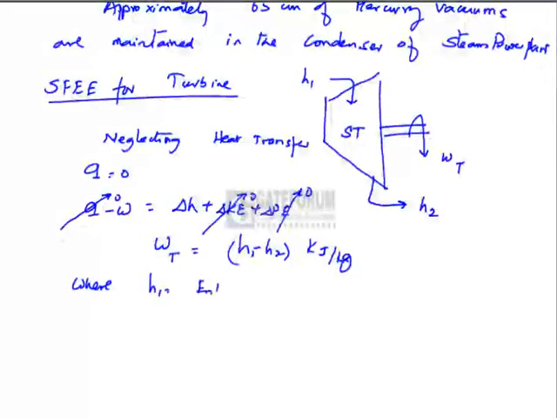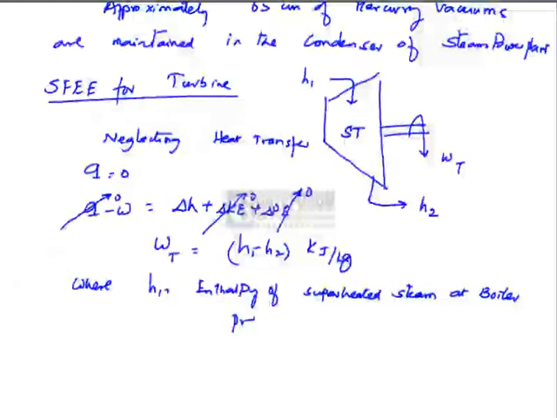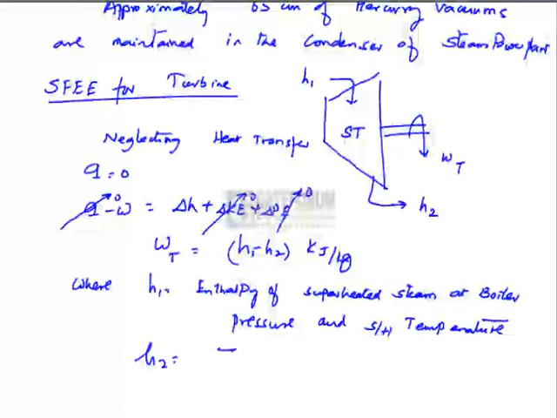where H1 is the enthalpy of superheated steam at boiler pressure and superheat temperature entering the turbine, and H2 is the enthalpy of wet steam, because point 2 is in the wet region of the TS plane.